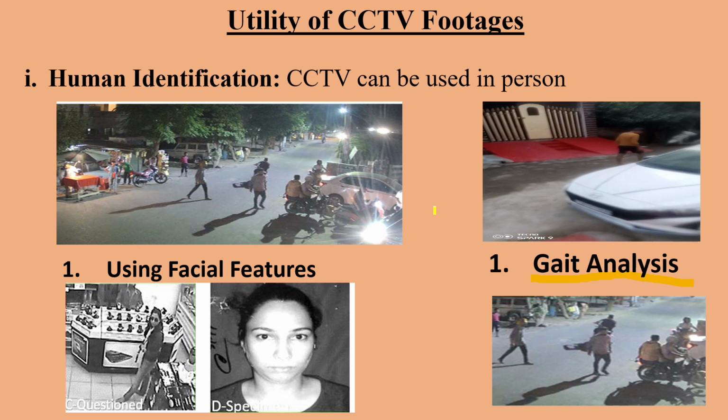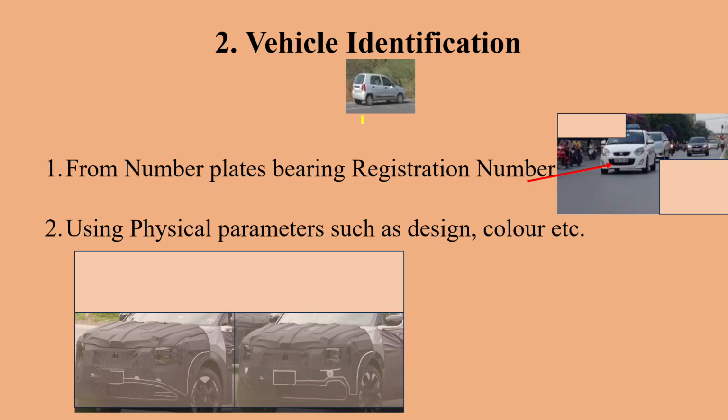Now, another is vehicle identification. A vehicle can be identified by deciphering the registration number plate from the CCTV analysis. By enhancing and enlarging the number, if the number plate can be visualized, the vehicle can be identified by the number plate.